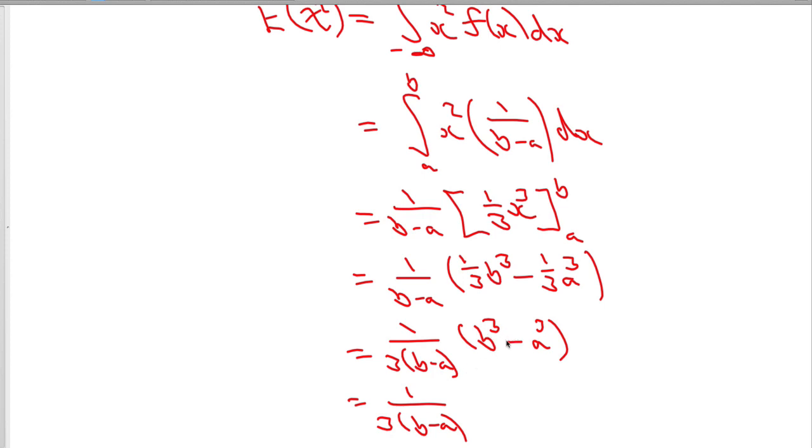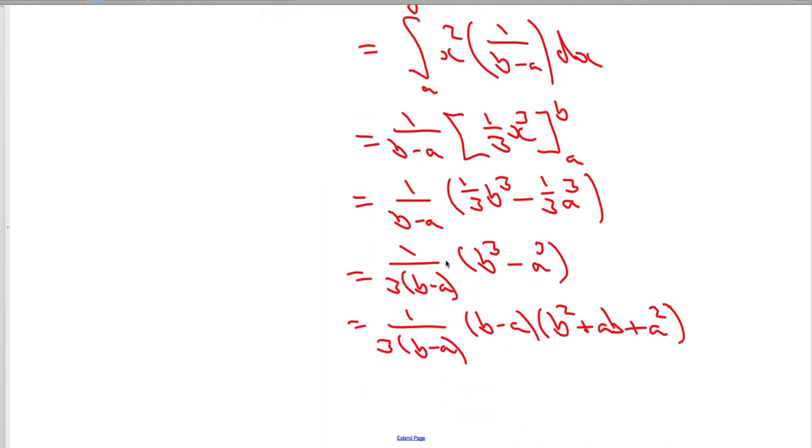And the difference of two cubes can be written as b minus a times b squared plus ab plus a squared. Okay, now we should be able to notice that above and below the line we can cancel out the b minus a, and we get left with b squared plus ab plus a squared all over 3.